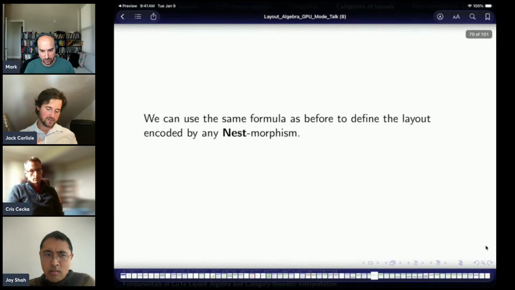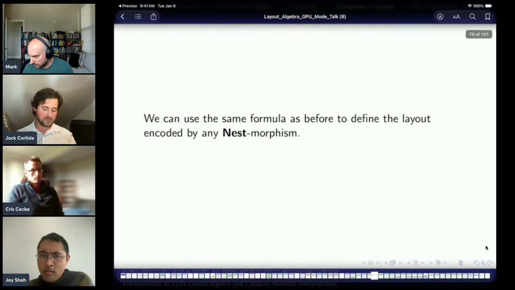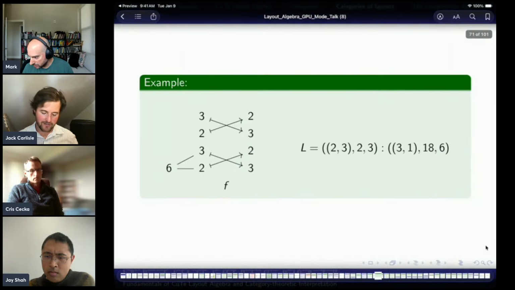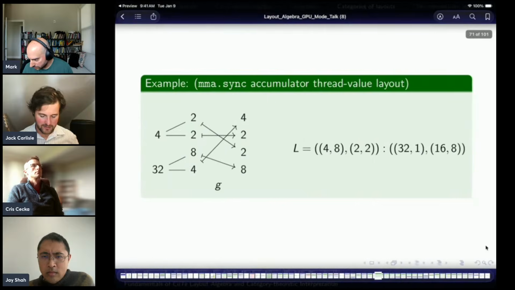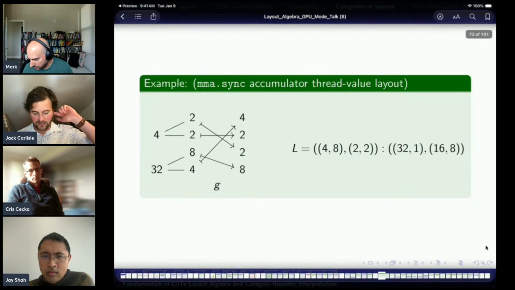So again, we can use the same prefix product formula to take one of these nest morphisms in the category nest and write down a layout, which now is going to have some sort of profile. So for example, for this F morphism, okay, we know what the shape is, and then the stride is just computed by prefix products. Let's scroll through a couple more examples. So here's our MMA sync accumulator thread value layout.